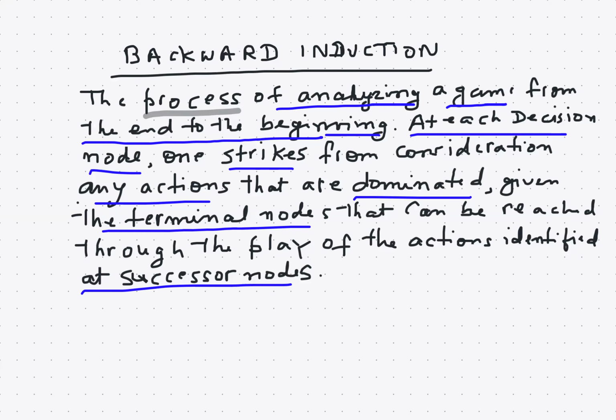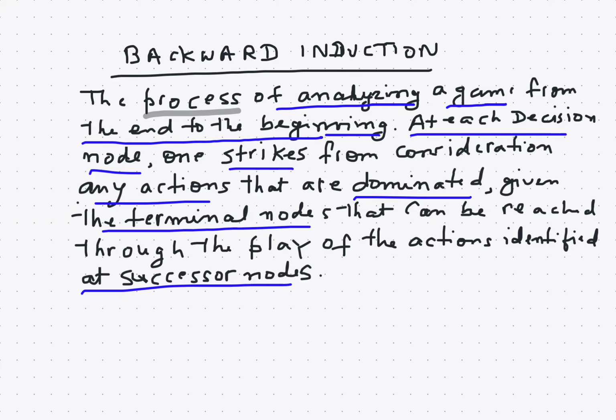So backward induction implies that we go to the end of the game first. From there, you look at any dominated strategies for the players and you strike them off from the game. Then you move to the next stage, moving towards the first stage. If there are several stages, let's say you have 4 stages in the game, then you go to the 4th stage first and identify which are the dominated strategies.